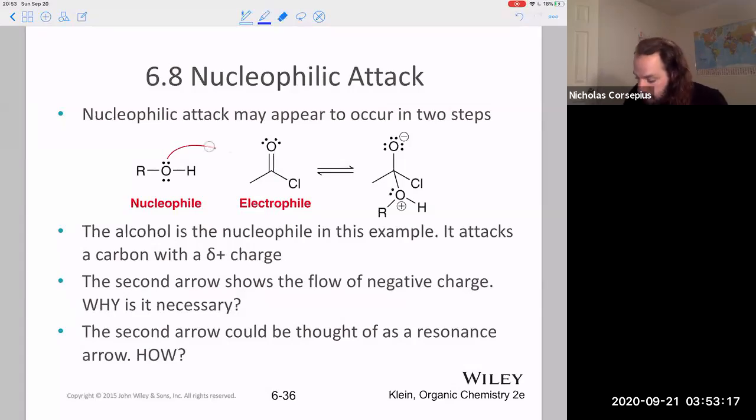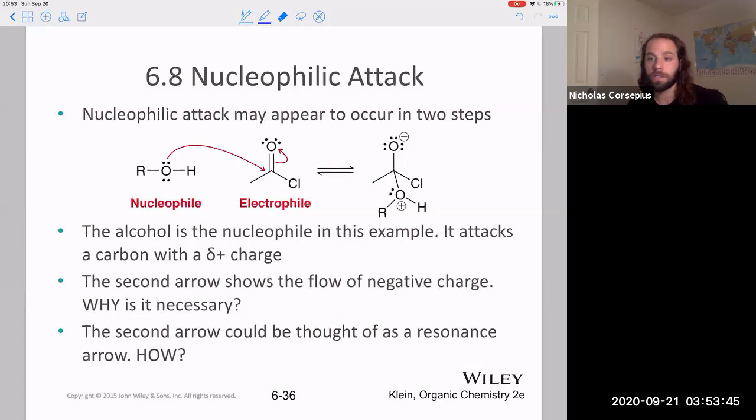But yes, we have your nucleophile attacking that electrophilic carbonyl carbon. But I can't stop there, right? What's wrong with this carbonyl carbon now is that it has too many electrons. So concurrently, what's going to happen is a pair of electrons is going to jump up onto that oxygen. So that's how I get my product.